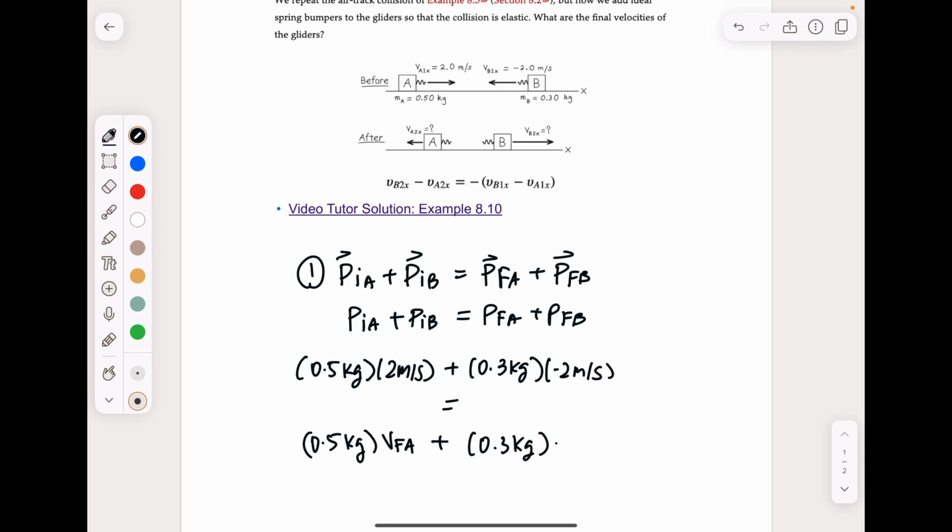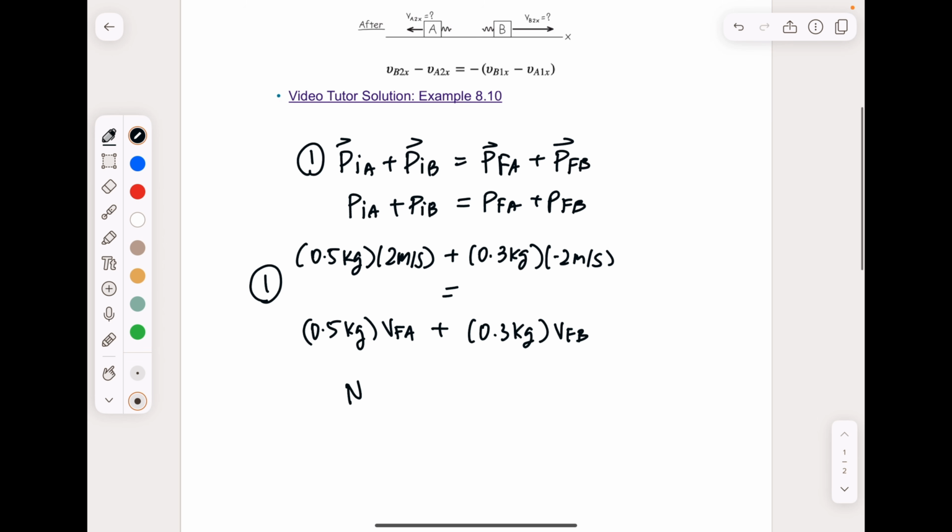So we have one equation, two unknowns. We need a second equation to help us solve. So what second equation are we going to use?